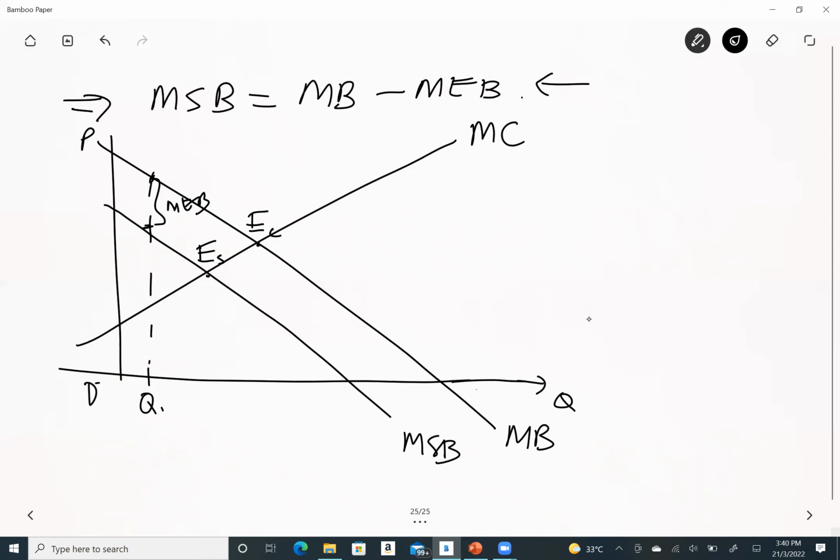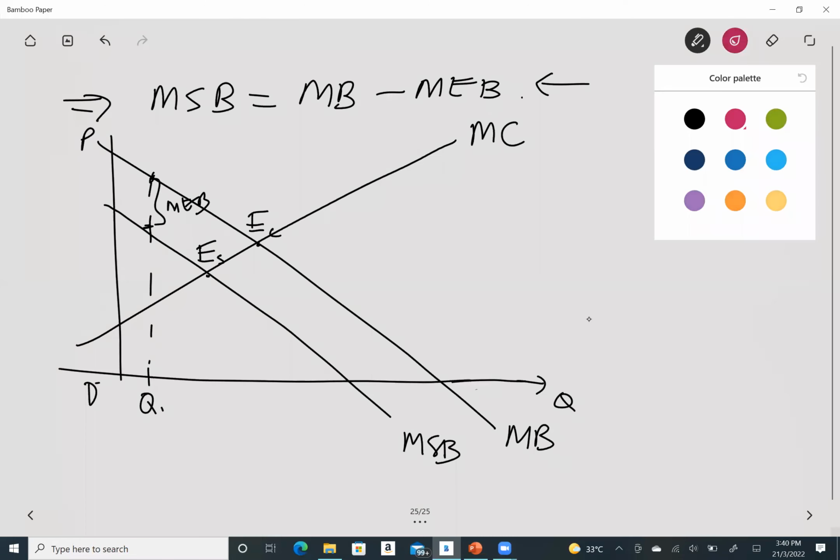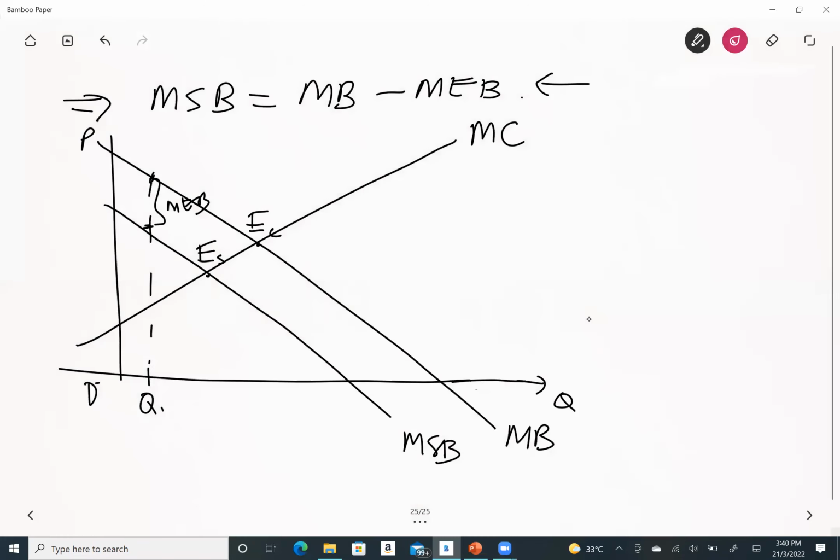If you look at this diagram, you compare the social equilibrium with the competitive equilibrium. You do the comparative statics, comparing ES and EC. I think we've done this, but it's okay, I will redo it.